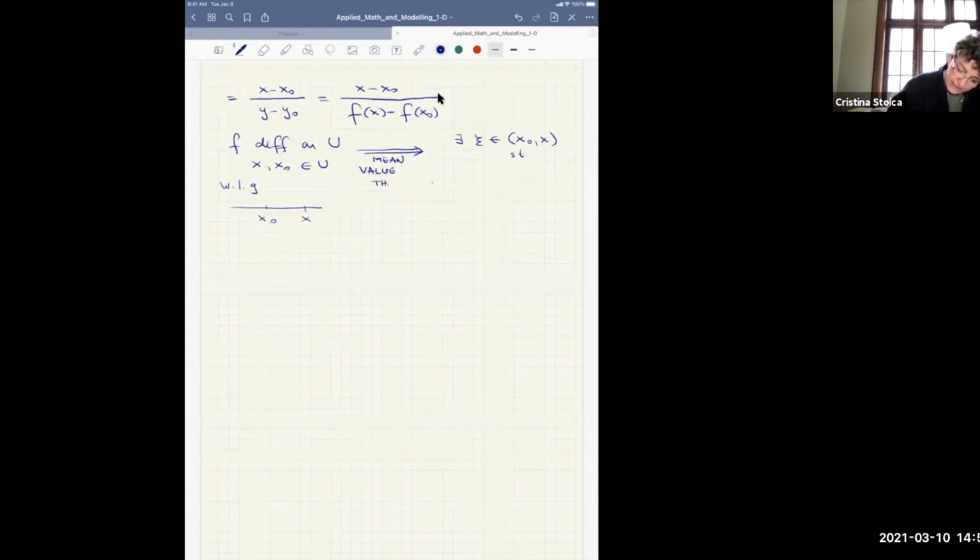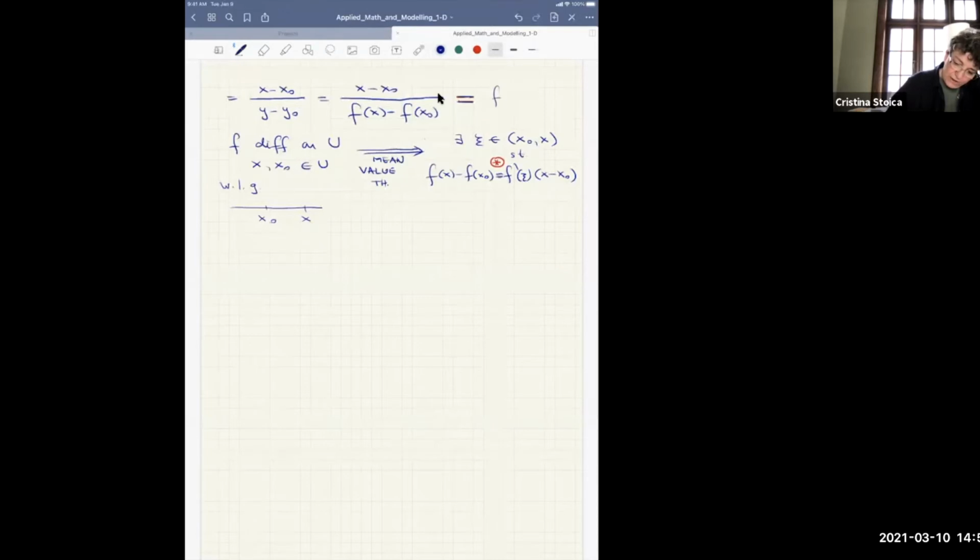Okay, such that f(x) minus f(x naught) equals f prime of psi times (x minus x naught). All right, so now I'm going to take this relation, let's call it star, and put it here.